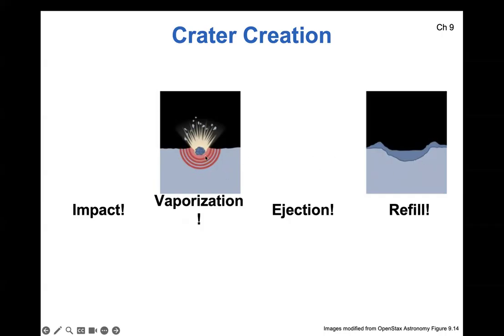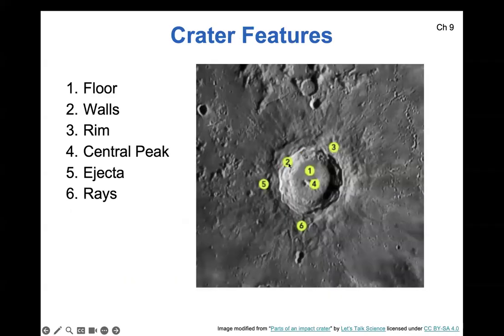But the vaporization is kind of interesting because it explains why almost all craters are circular. Because meteorites, or meteors, can come in at a steep angle, but yet we don't see these stretched out craters. Compare that to throwing a rock into a sandbox.